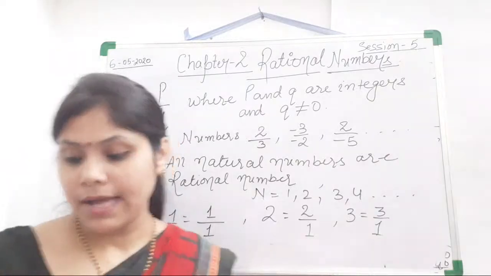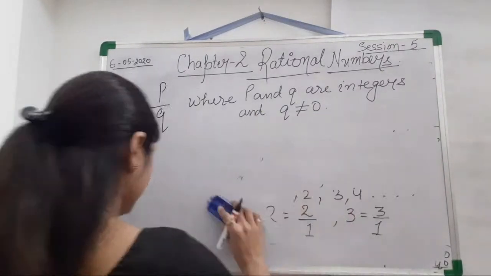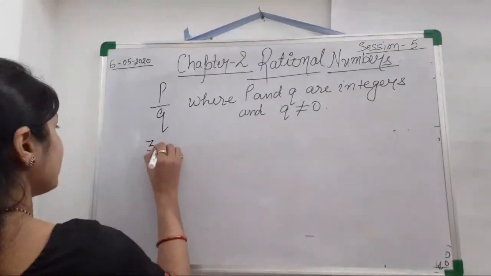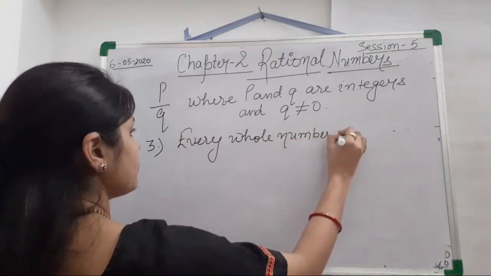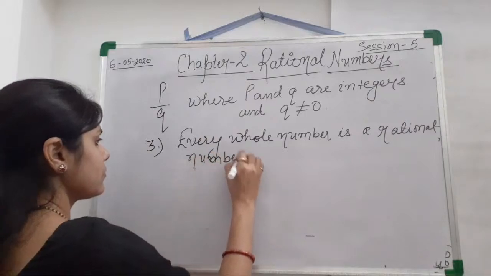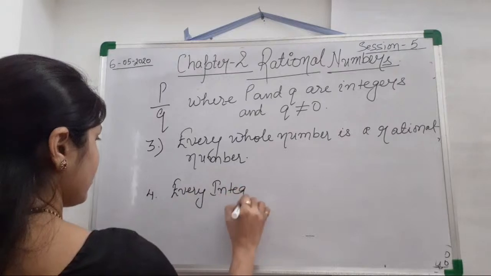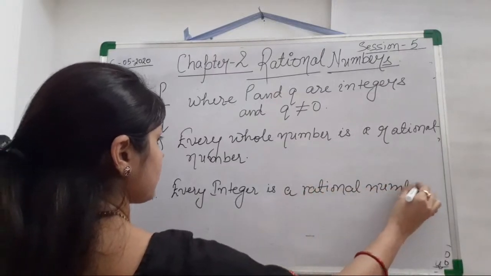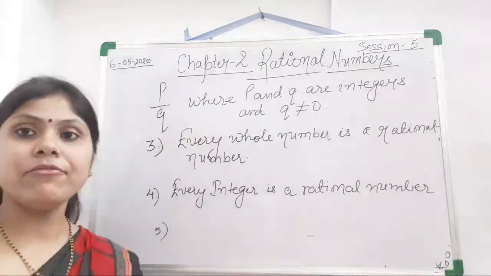Now, the third point: every whole number is a rational number.